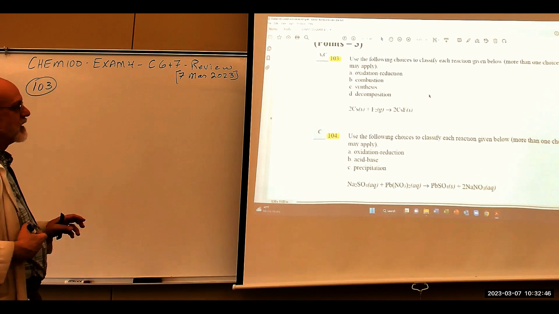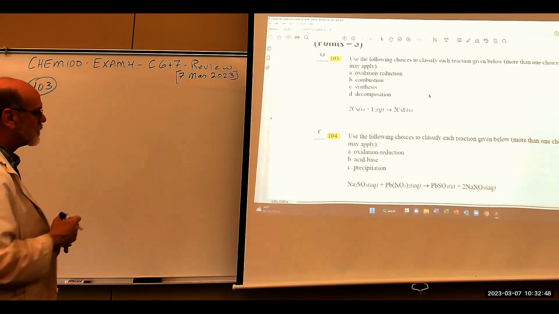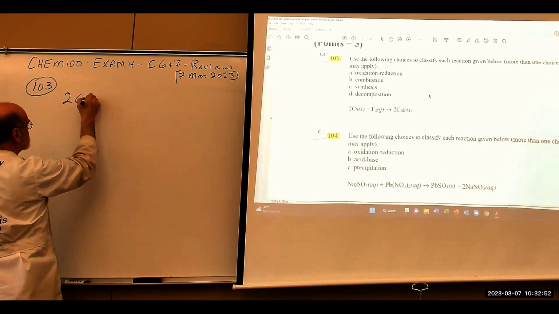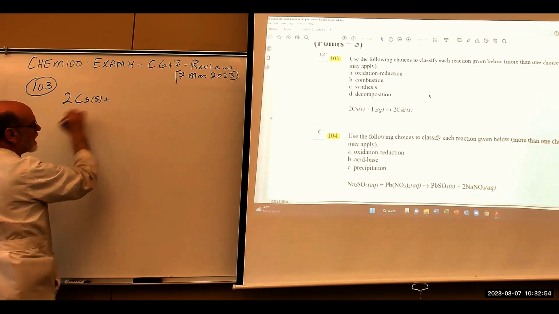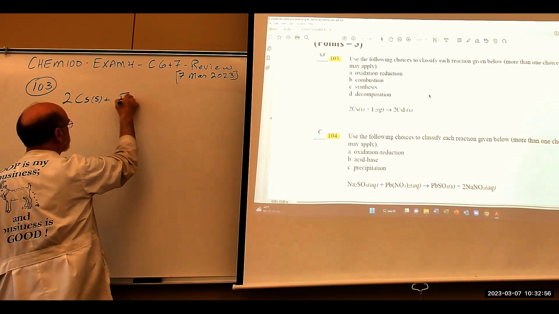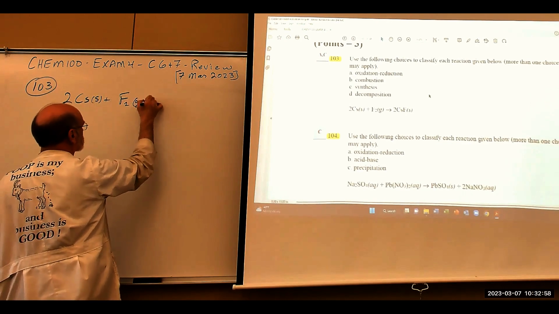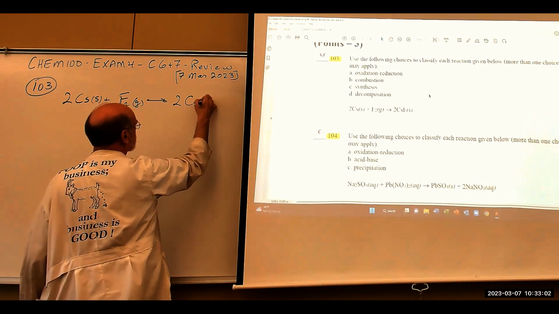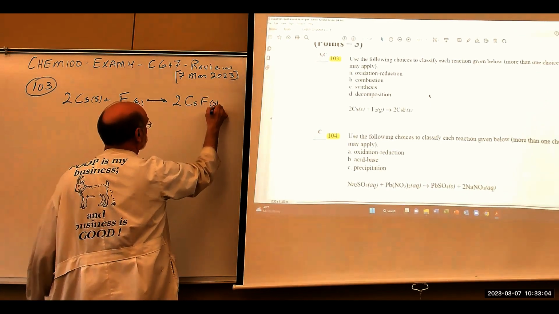More than one choice may apply. Okay, so here's the reaction. We got 2 cesiums plus a fluorine gas yields 2 cesium fluoride solid.